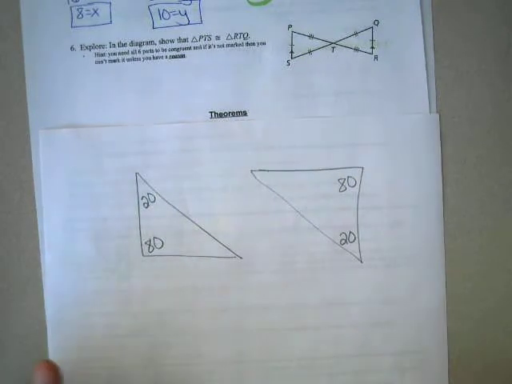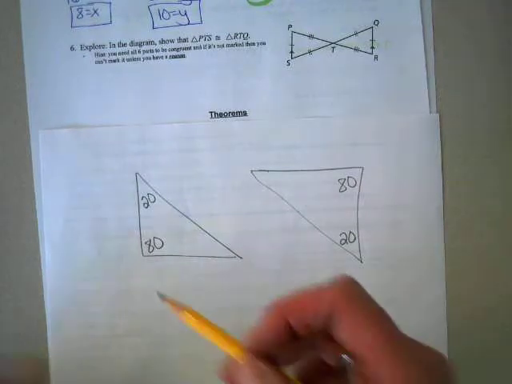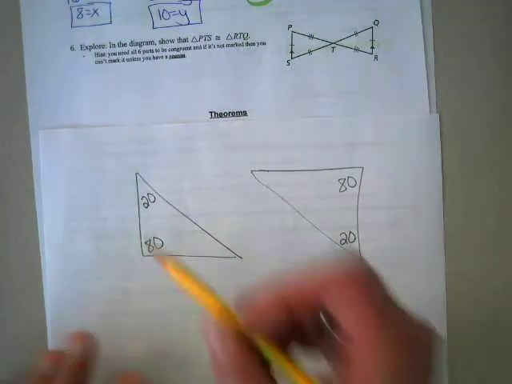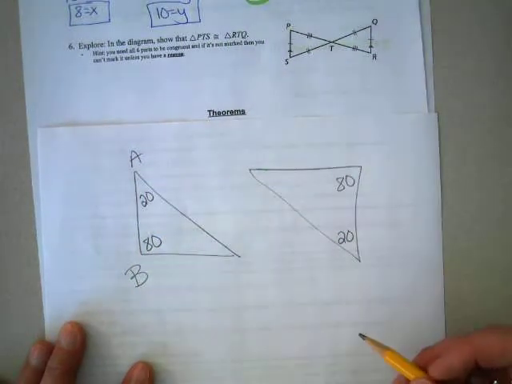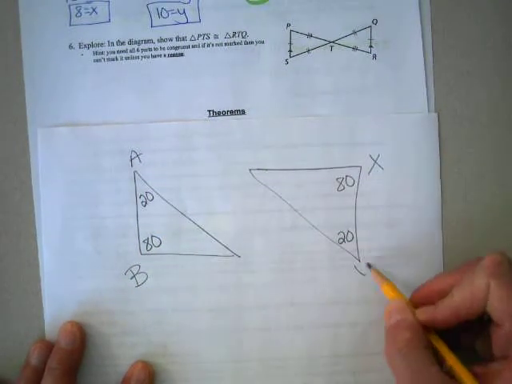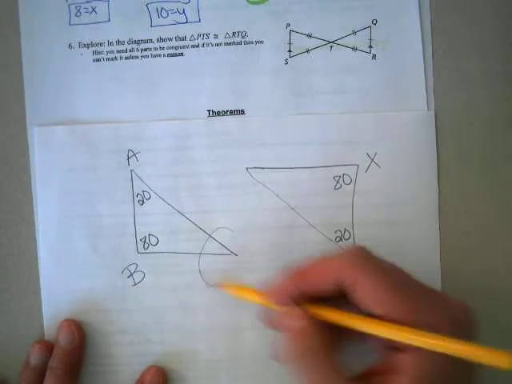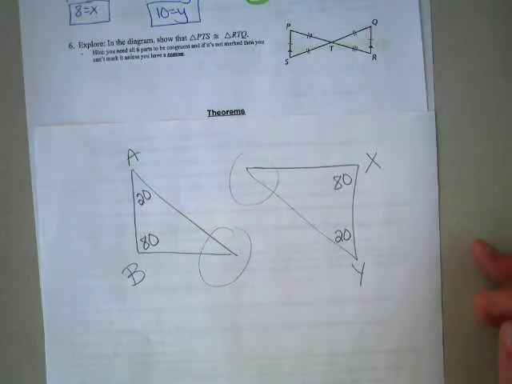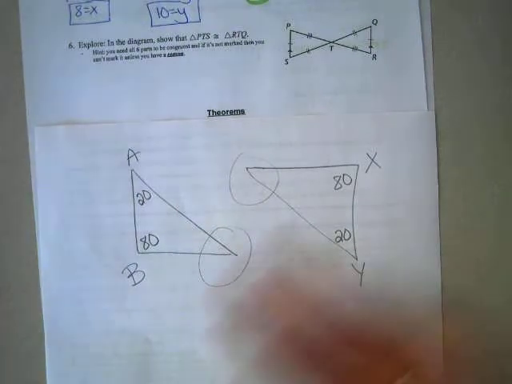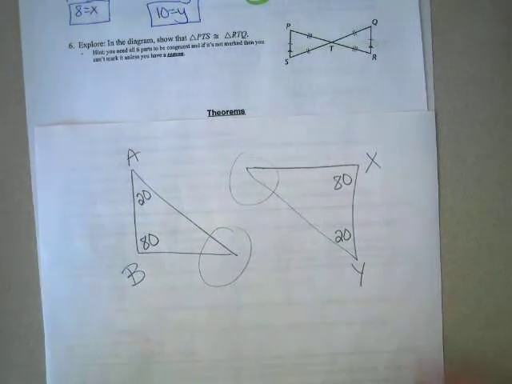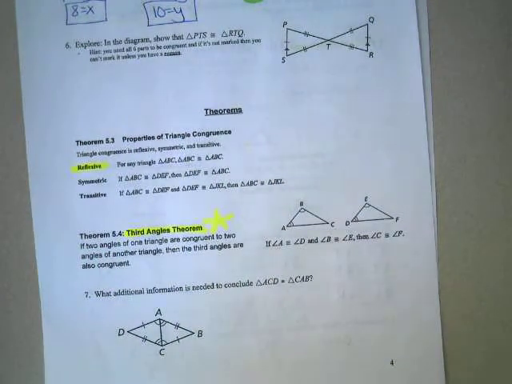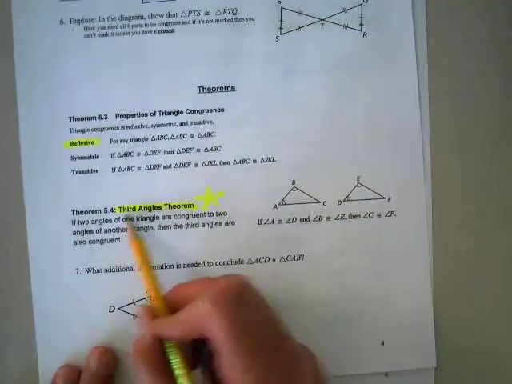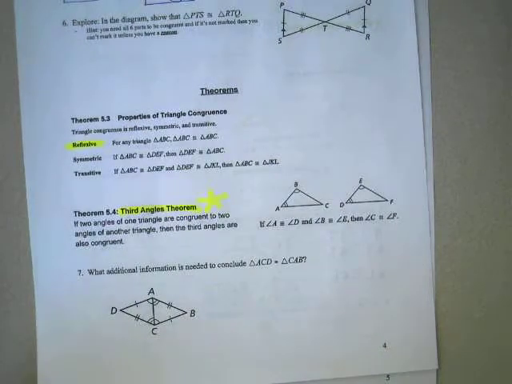So far, so good? If you know two angles are congruent, so you've got angle A and angle B, and these are congruent to angle X and angle Y, then wouldn't the third one have to be equal as well? I mean, by triangle sum theorem, what other number are they going to be? So to me, this should be a corollary. I'm not 100% sure why it's not, because it kind of flows from the next one, but it's called the third angle theorem. We use this in proofs, so you do need to know this one.